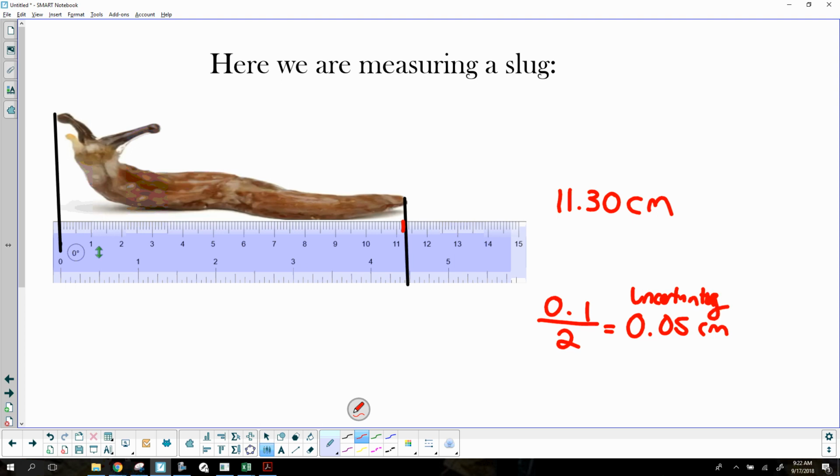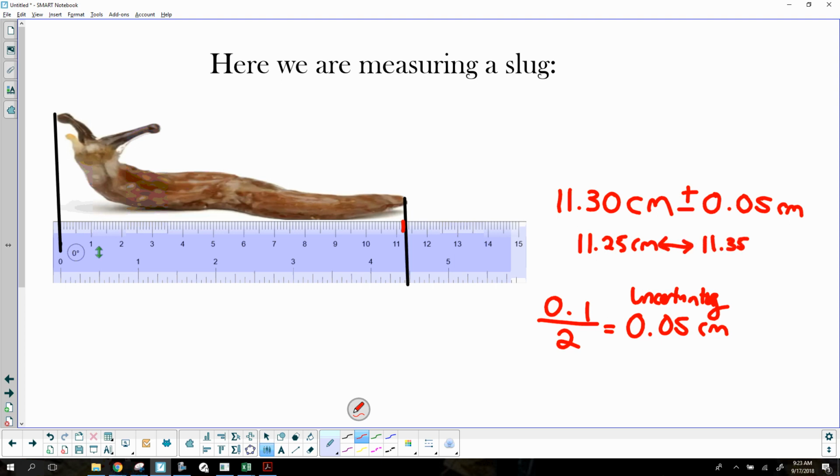And so to list this at the very end, I can say to the reader that the slug is 11.30 centimeters long plus or minus 0.05 centimeters. That means that my measurement is in the range of 11.25 centimeters to 11.35 centimeters.